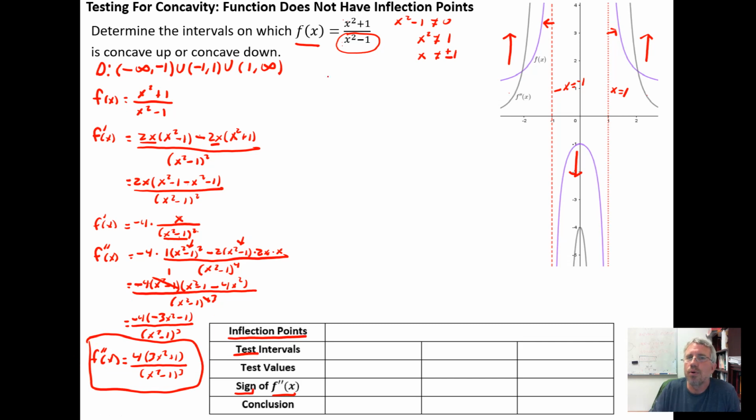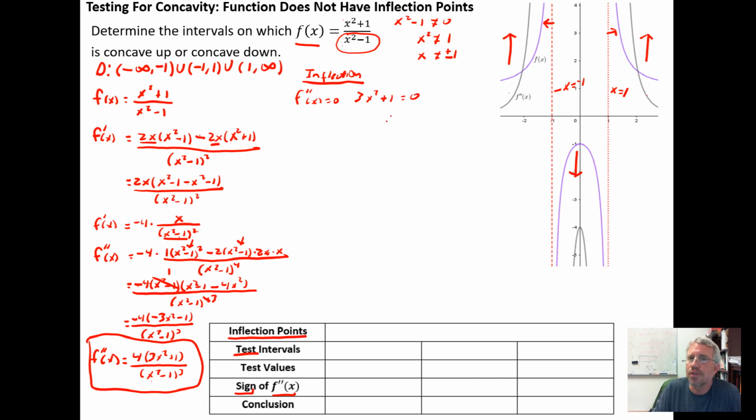So inflection points require one of two things to be true. Either the second derivative needs to be equal to 0, which would mean the numerator needs to equal 0 because I have a rational function here. So I would need 3x squared plus 1 to equal 0.